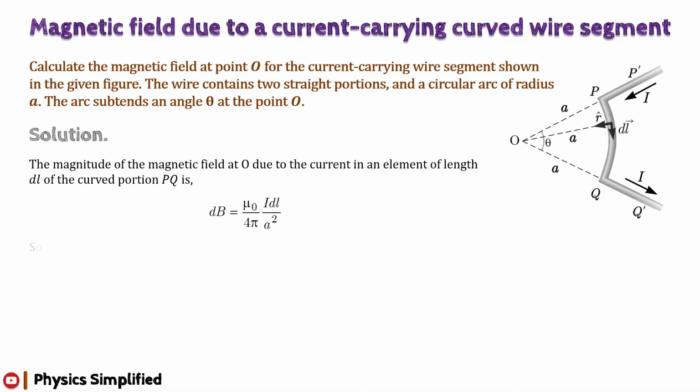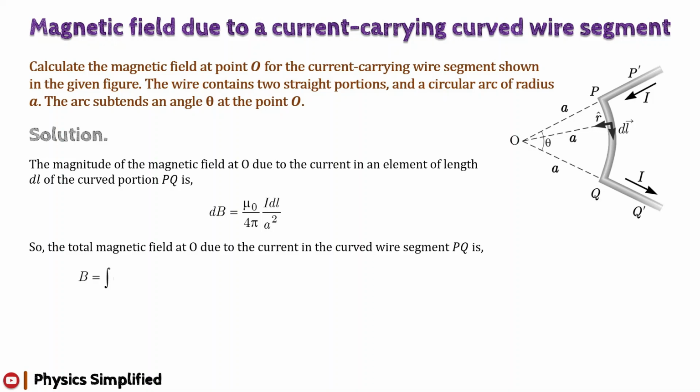Integrating this expression, noting that I and A are constants over the curved path PQ, we get the total magnetic field at point O, which is given by B is equal to mu0 by 4 pi times I divided by A squared integral dl. This is equal to mu0 I divided by 4 pi A squared times L, where L is the length of the curved segment PQ, which is a circular arc.